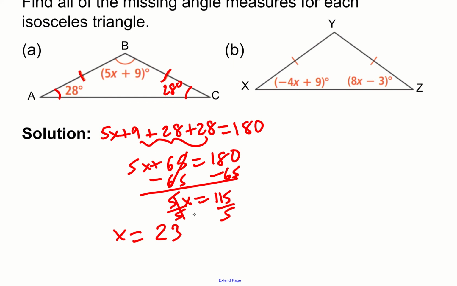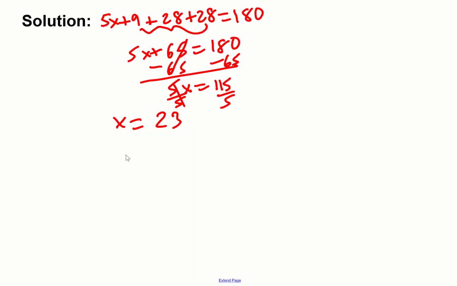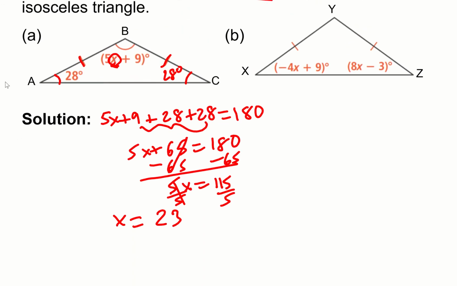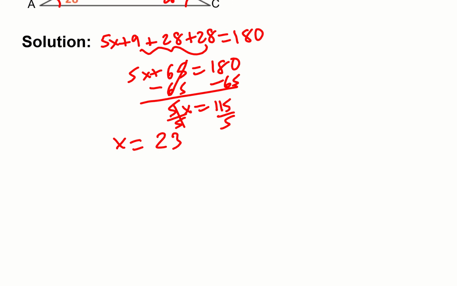So because x is 23, remember they want us to find all the missing angles. So x is not an angle, x is just a variable. So we're going to plug that in here to get that angle. All right, so let's do that over here. And this is angle B. So we know that this angle here is angle ABC. So that's going to be the measure of angle ABC is equal to, then we go ahead and we plug into that.